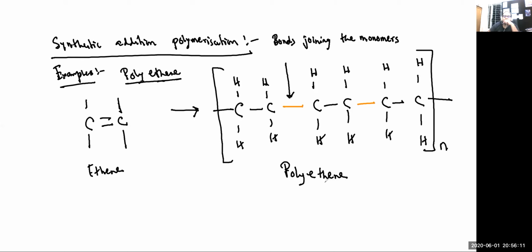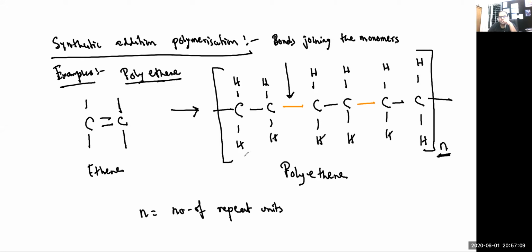So what does this n mean? n means number of repeat units. What can be the value of n? It could be 10, it could be 50, it could be 100, it could be 10,000, 1,000, anything. Did you ask anything? Is 1 unit 1 monomer?